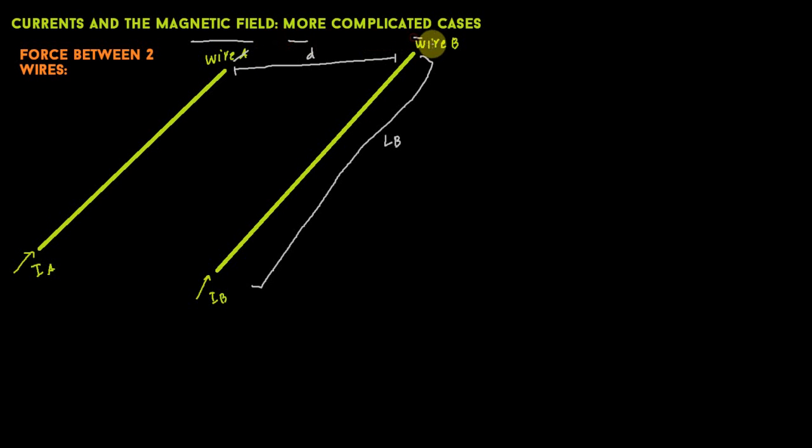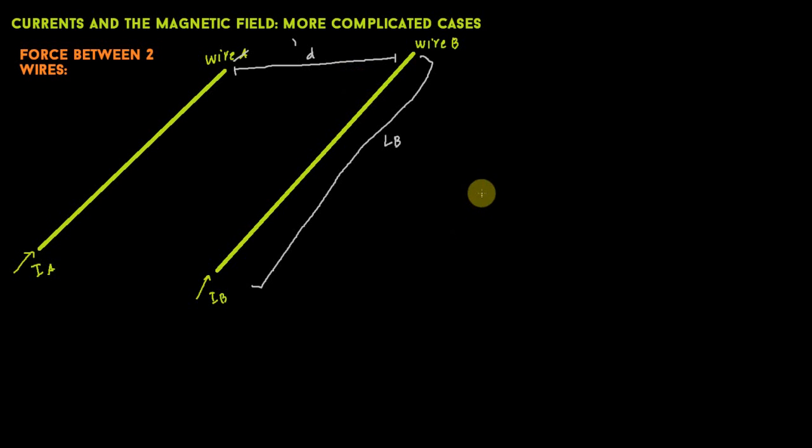Well, LB would just be the section of wire A that is parallel to wire B, the section of A that has a magnetic field that results in a force on B. Parts of wire A that do not exert a force on B are not relevant, and the parts of wire B that do not exert a force on A are also not relevant.